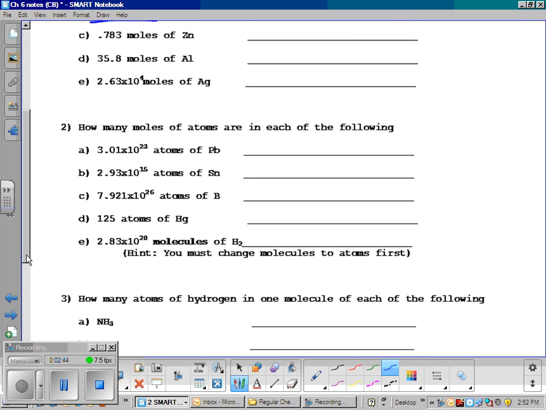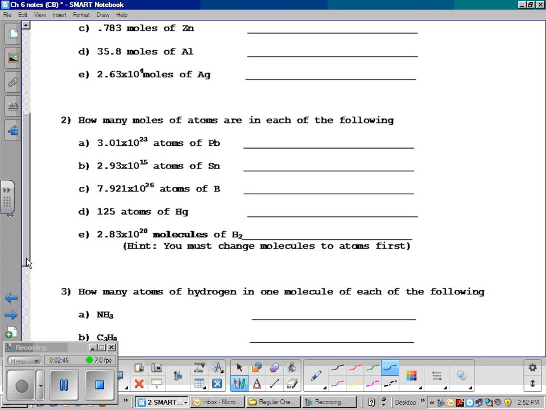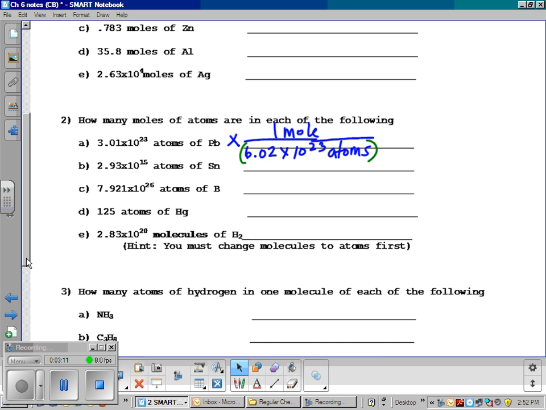For the first one, you can see that I have 3.01 times 10 to the 23rd atoms of iron. I need to know that I have atoms on top, so I want to put atoms on the bottom, 6.02 times 10 to the 23rd atoms in 1 mole. When you calculate these out, you need to remember to put this number on the bottom when you're dividing, in parentheses.